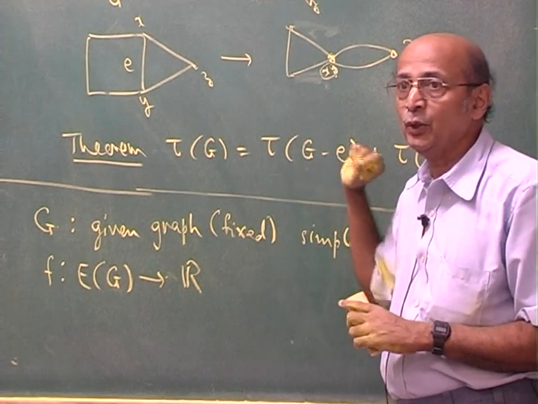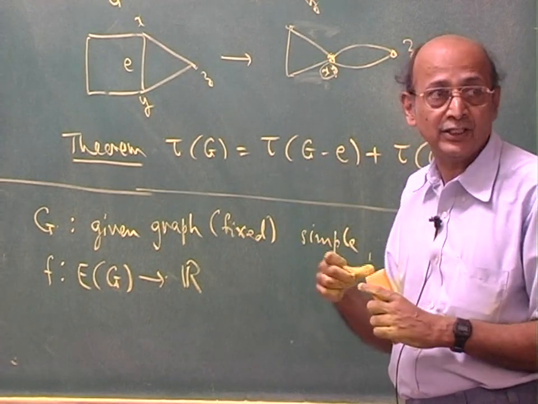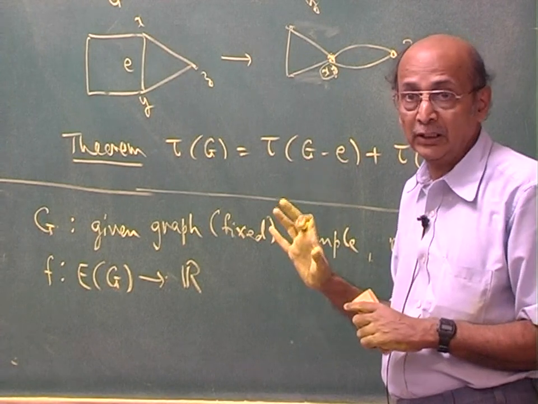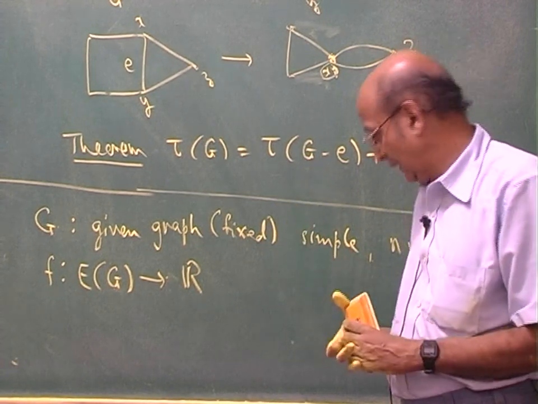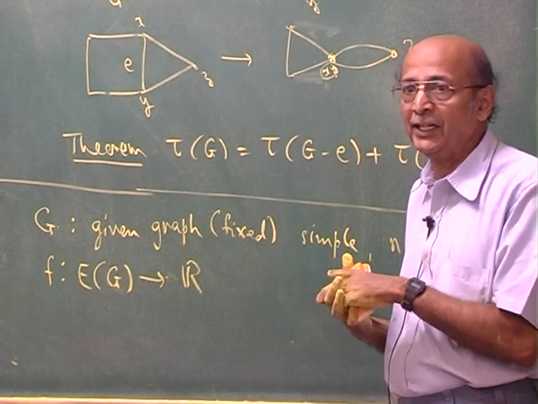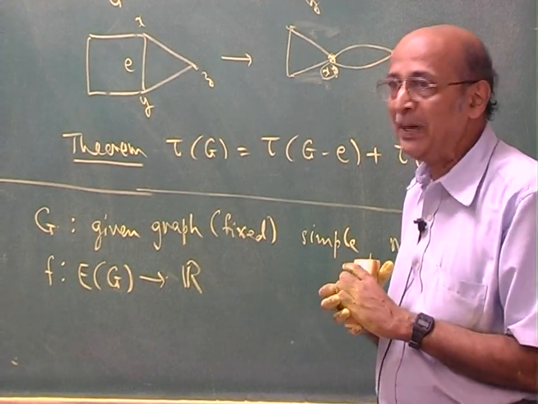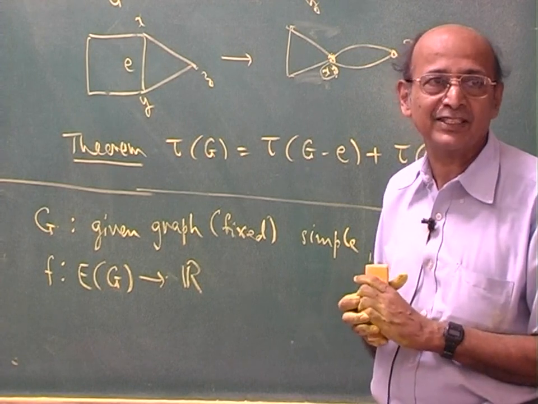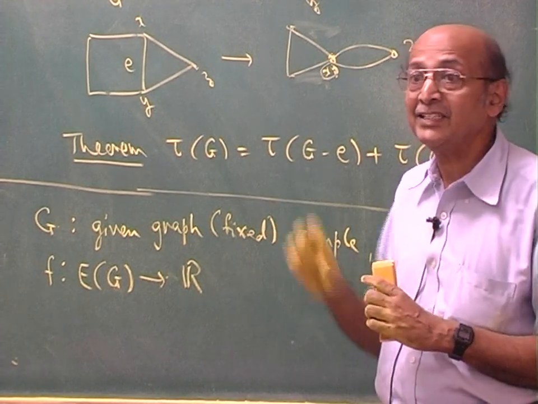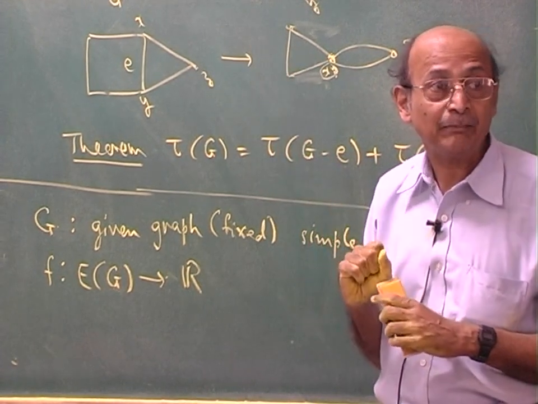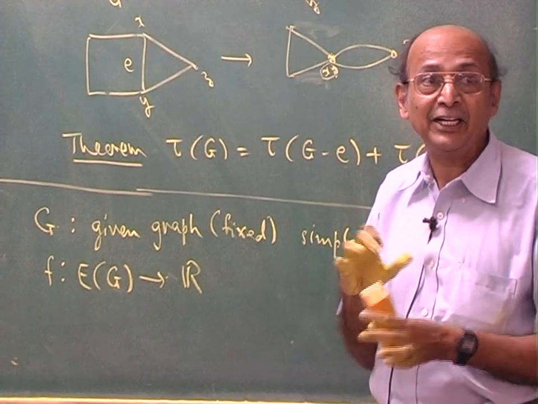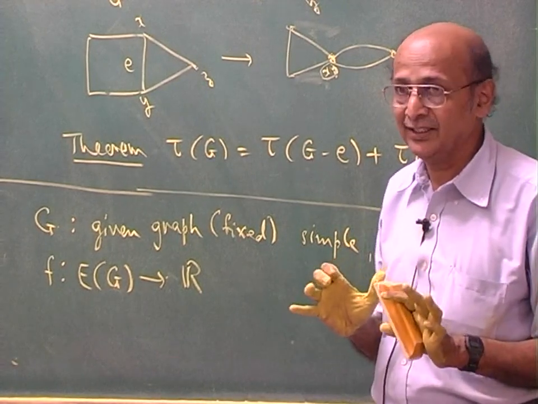So what I'm going to do is, I'll put directions on the edges in any manner I want to. So, in some sense, we're making life more complicated. Is it clear? We're making life complicated. But a nice part of this entire thing is that the final outcome will not depend on the manner in which you put these directions.